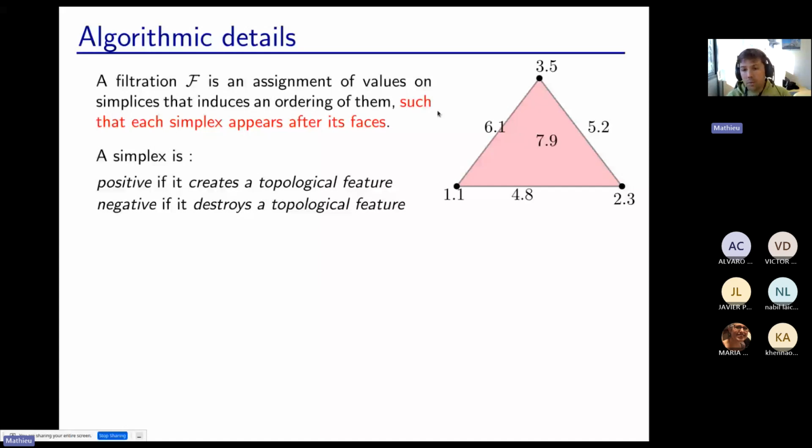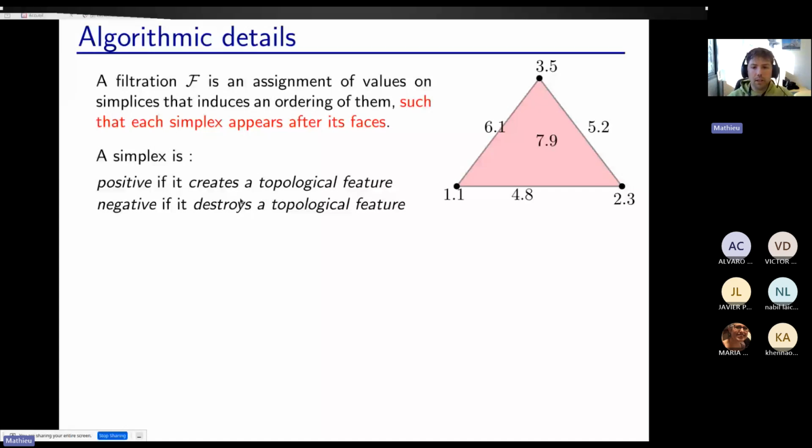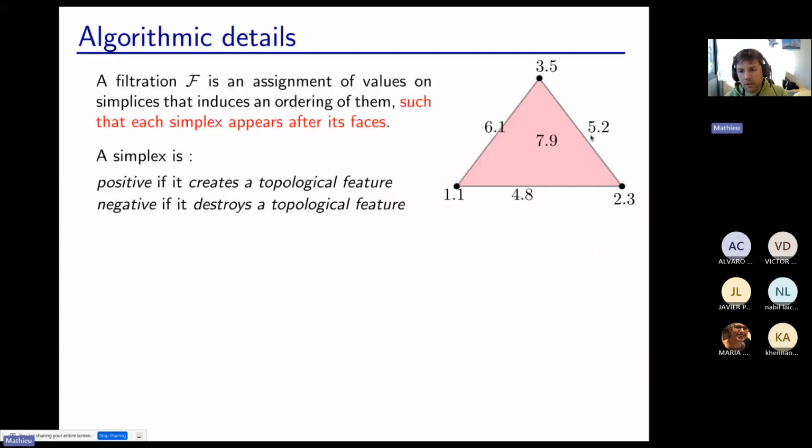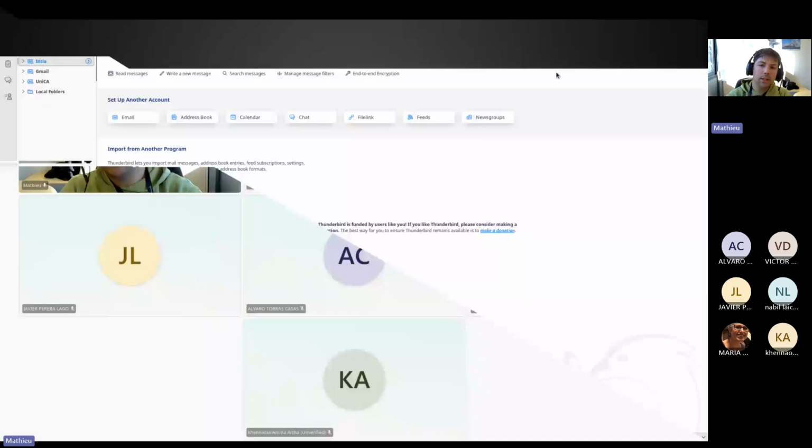And the algorithm just works because we know that every time we add a new simplex in the filtration, either it creates something or it destroys something. For instance, at the beginning, the first simplices to be inserted are the 3 dots. Each of them creates a 0-dimensional cycle.